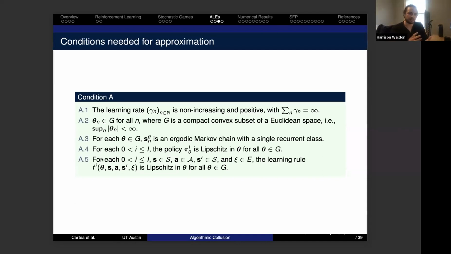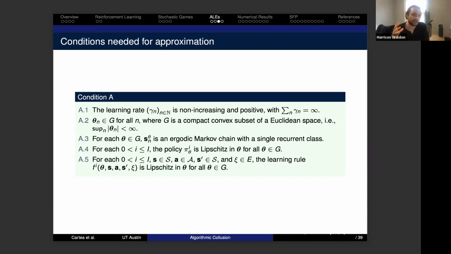So we need that parameters stay in a compact set, and in order to define the stationary distribution, we need that the state process is an ergodic Markov chain with a single recurrent class for every possible vector of parameters theta. So for all the parameters theta in our set of parameters, the state process needs to be ergodic.